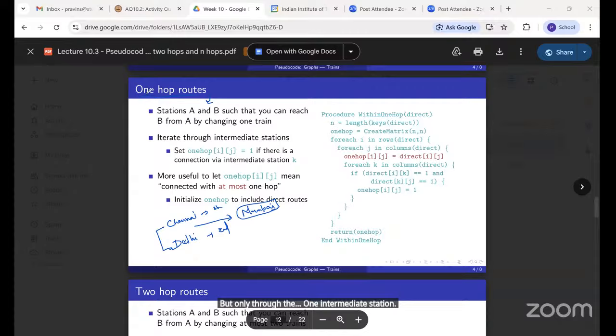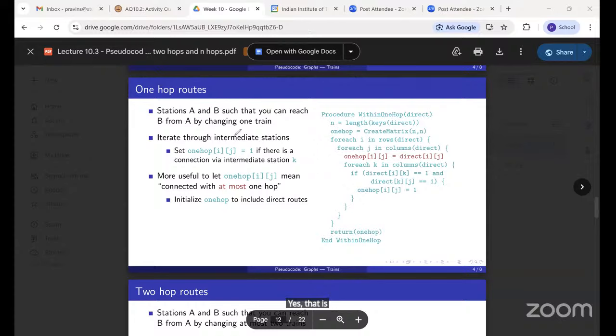One-stop represents one intermediate station. Is it clear? What does one-stop mean? Hello. Yes, sir. It's clear.